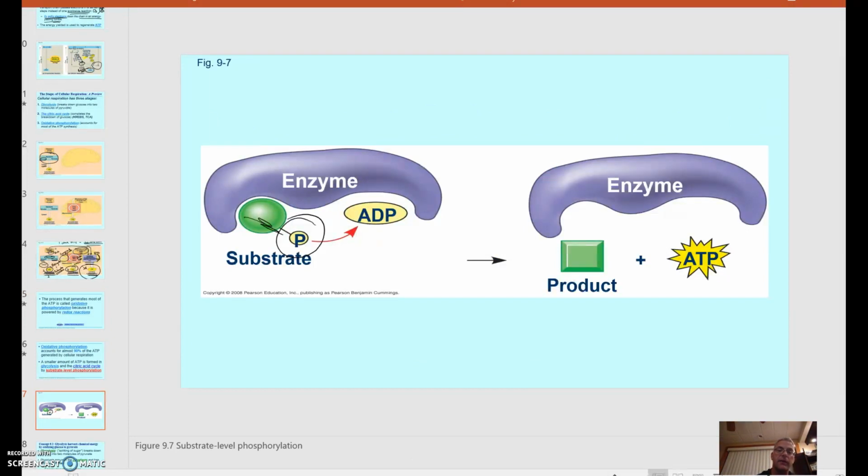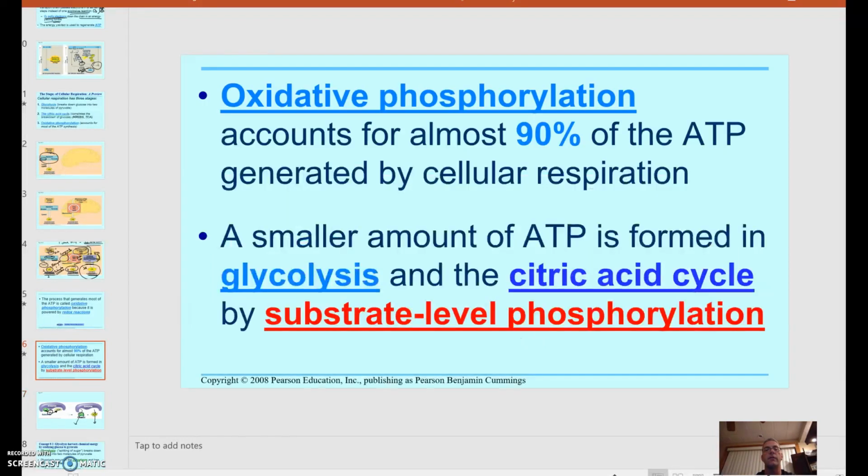So we have some substrate with a phosphate. There's an enzyme that's going to carry out the reaction, and we're going to be able to transfer that phosphate to the ADP. Once that happens, we get a product that no longer fits in the active site, so that'll be ejected out of there, and we get the production of ATP coming off of it. So if you compare substrate level and oxidative phosphorylation, substrate level makes only a small fraction.